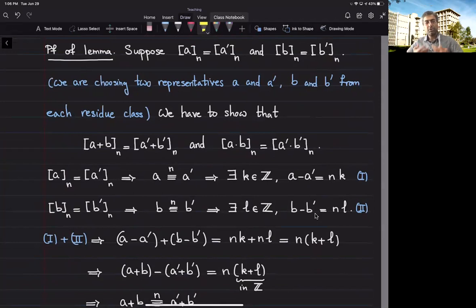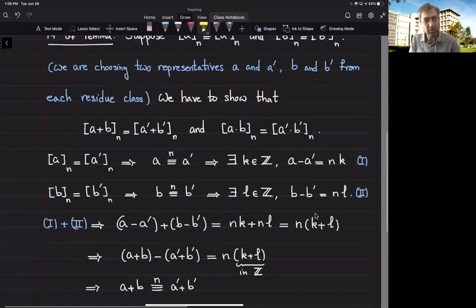My claim is that this process is independent of the choice of A and A prime, meaning the residue class of A plus B is the same as the residue class of A prime plus B prime, or the residue class of A times B is the same as the residue class of A prime times B prime. So these operations are independent of the choice of representatives. This is how we phrase it.